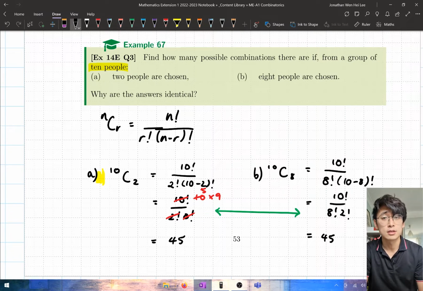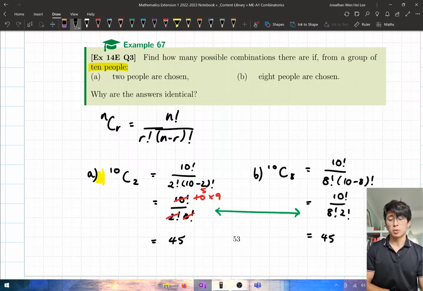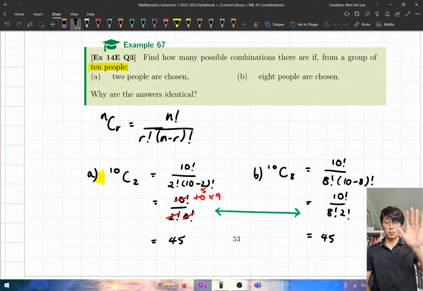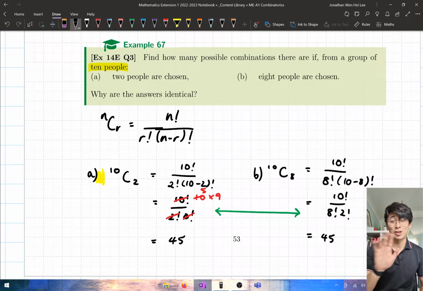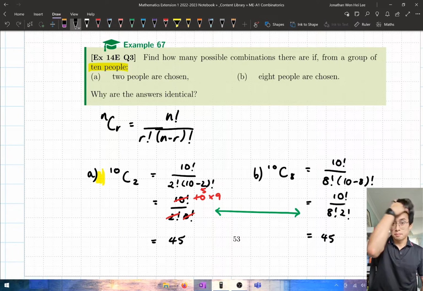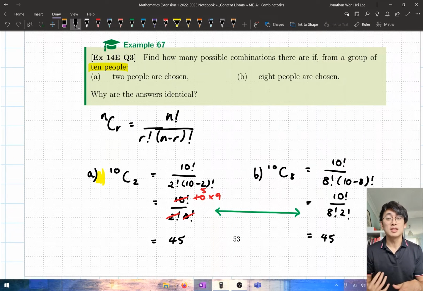So why is that the case? Well, if you think of it in this way, if I've chosen 2 people, how many people are left in that group? Well, if I've chosen 2 people, that means that there are going to be 8 people left over. So even though I haven't actually chosen that 8, I've left them as unchosen. You can think of it as, by choosing my 2, I've actually chosen the 8 that I'm not going to select.